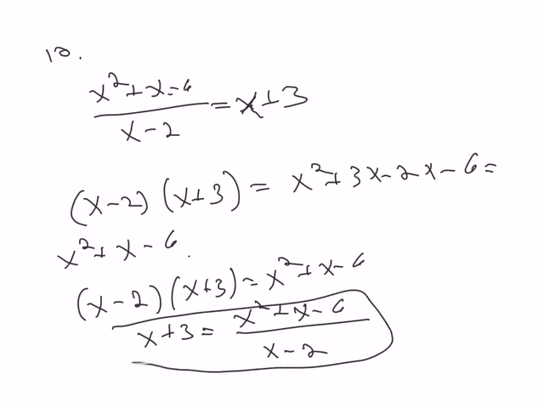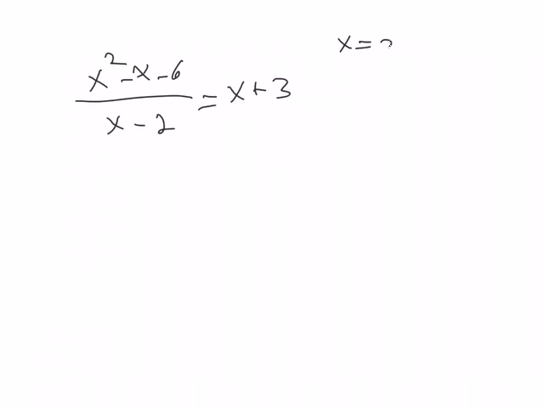Why isn't this true? It's not true because you might be dividing by 0, if let's say x equals 2. Let's just plug it in. Say you made that claim, x squared plus x minus 6 over x minus 2 is equal to x plus 3, and you take x equal to 2.